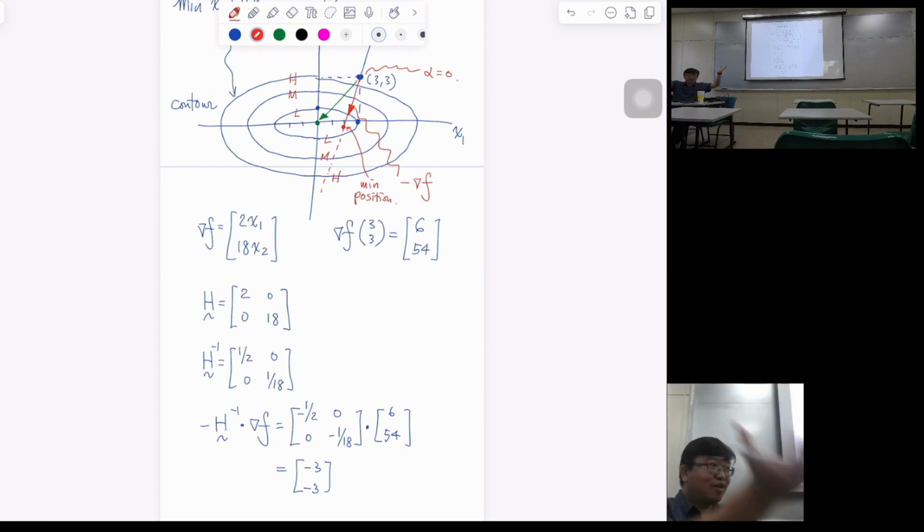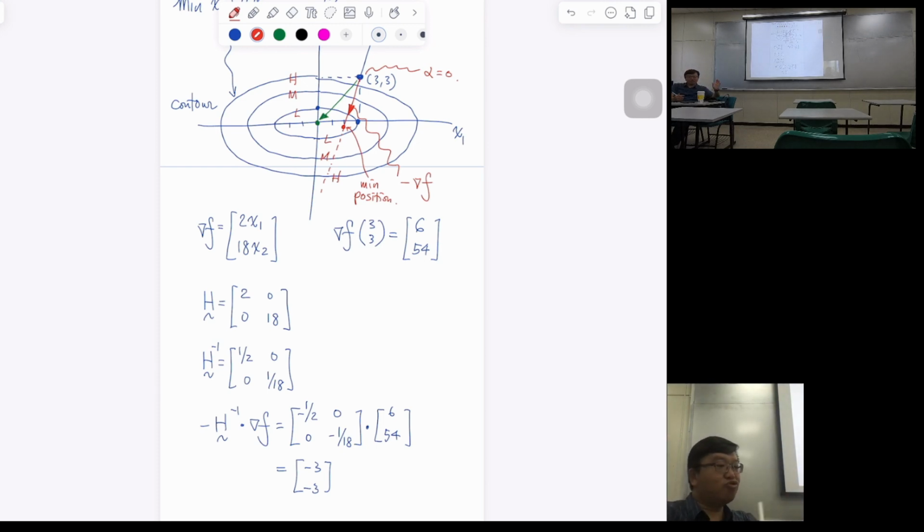So it's like a bowl, right? At 3, 3, you are moving downward, and then you are going up again. So there must be a minimum. So basically, the alpha search is the method for you to find the lowest point along that line. This is what happens in the line search.